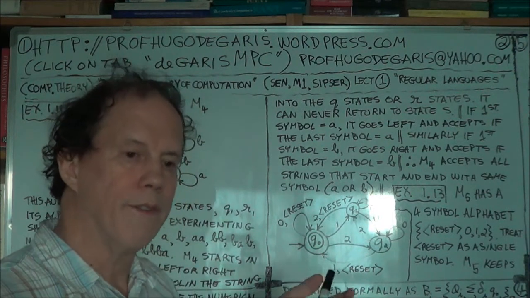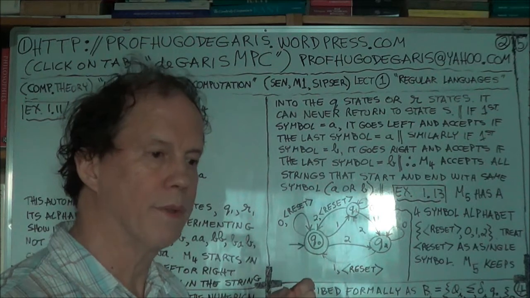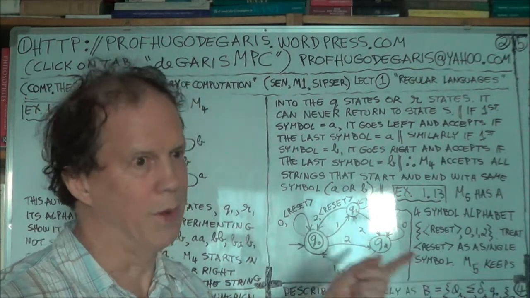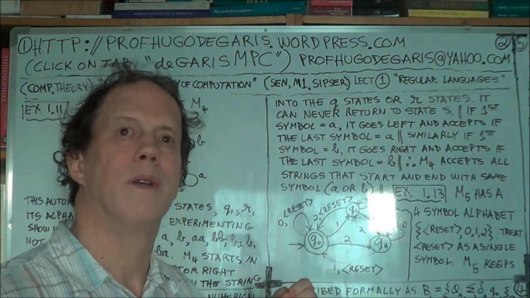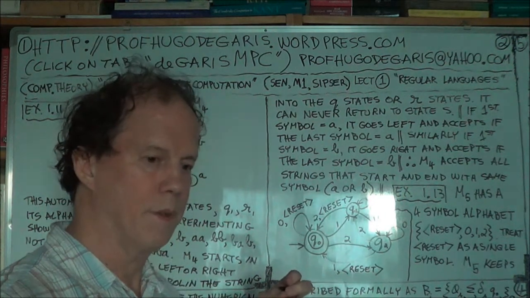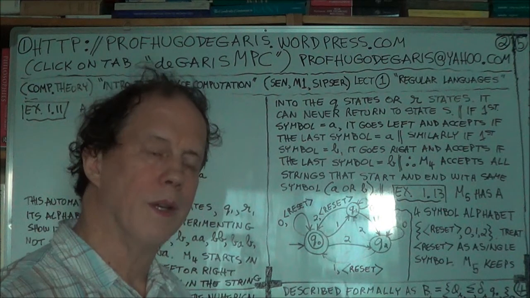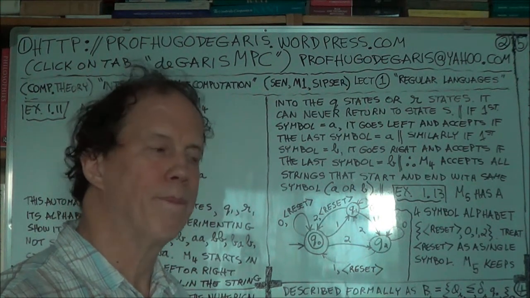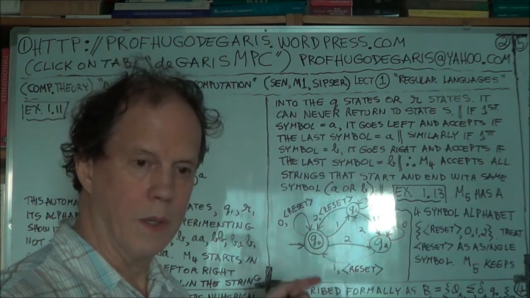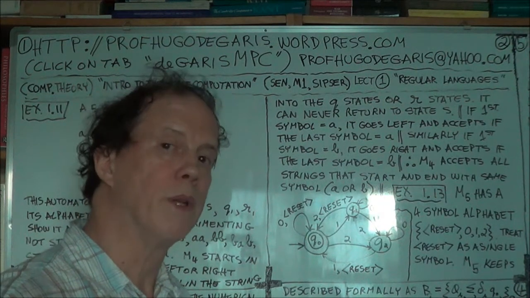So, if the total sum, if you added all the integers without modding, this automaton would accept if that total sum was a multiple of 3.